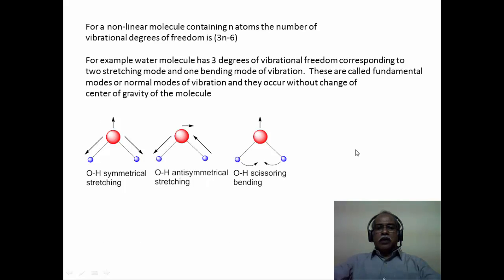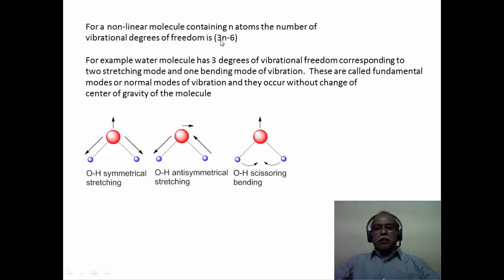Now let us have a look into the different types of modes of vibration in a molecule. We can consider simple molecules like the triatomic molecule with a linear geometry as well as a bent geometry. In a nonlinear geometry which contains n number of atoms in itself, the number of vibrational degrees of freedom will be 3n minus 6.